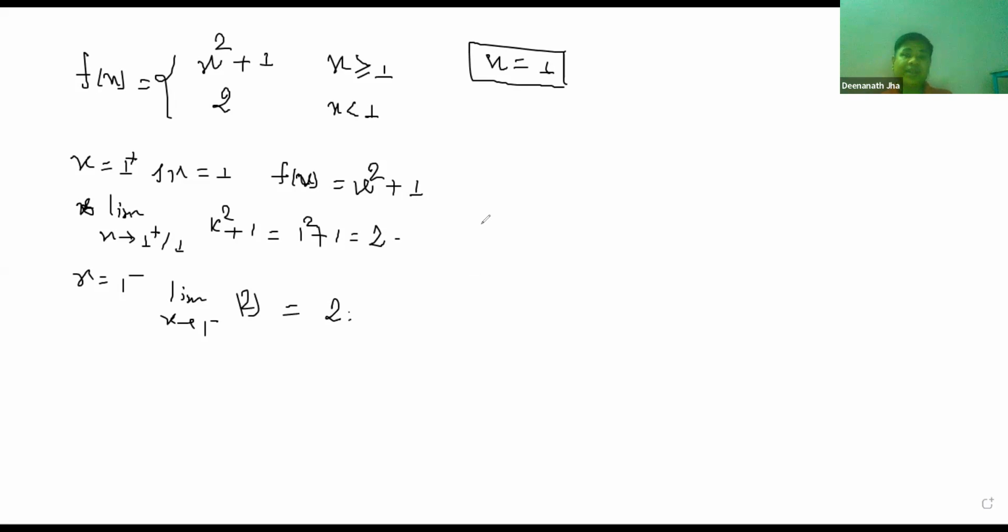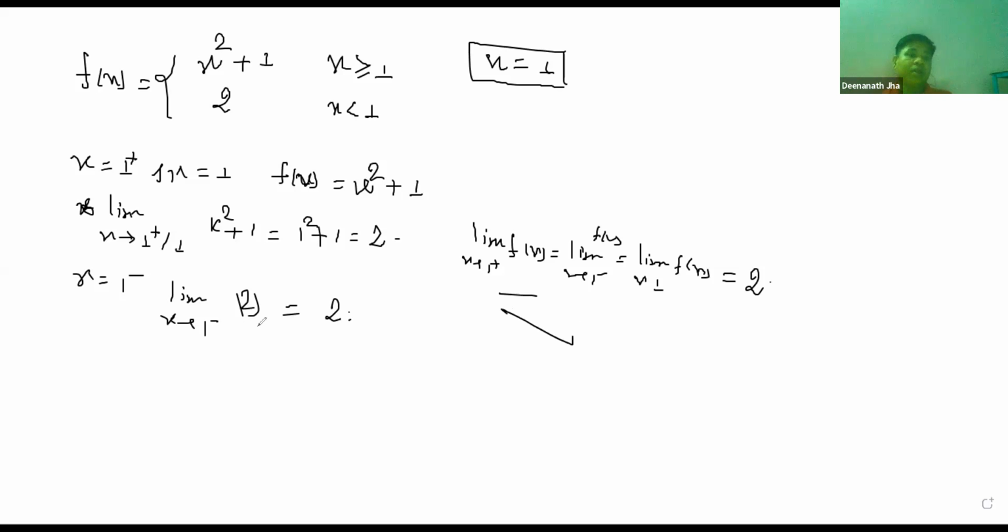Then you write limit x tends to 1 plus f(x) equals limit x tends to 1 minus f(x) equals limit x tends to 1 f(x), and these values are equal, 2. Is this function continuous or not at x equal to 1? It is continuous at x equal to 1.